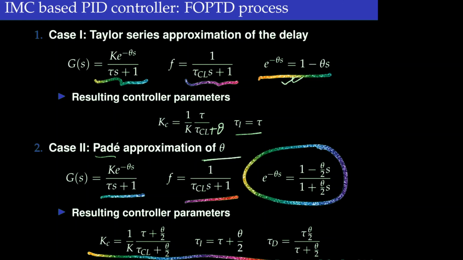Now we won't see the details about how this came about. However, for the IMC method we'll be using the tabulated values. So if you know the process model and define the filter, you can get the controller parameters from the tabulated values.